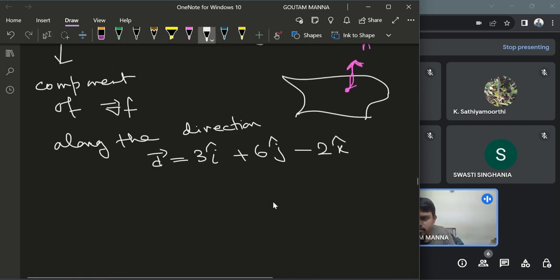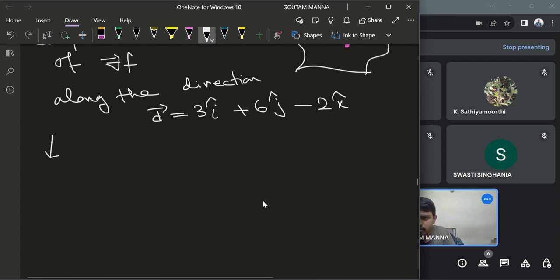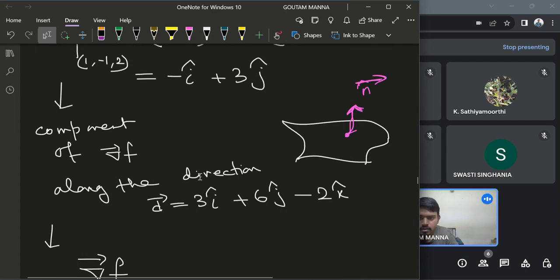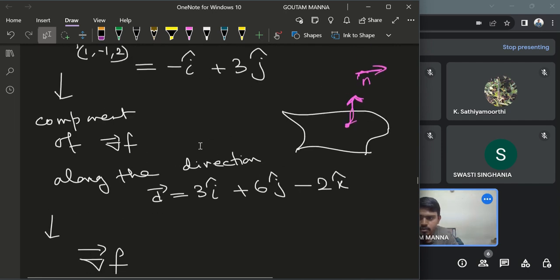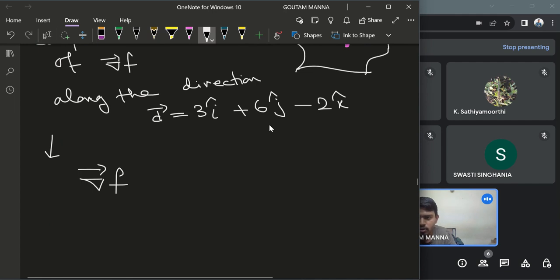This is the vector, and if you want to project it along this direction, you have to dot product it with the unit vector along this direction. The unit vector along this direction is d vector by mod d.